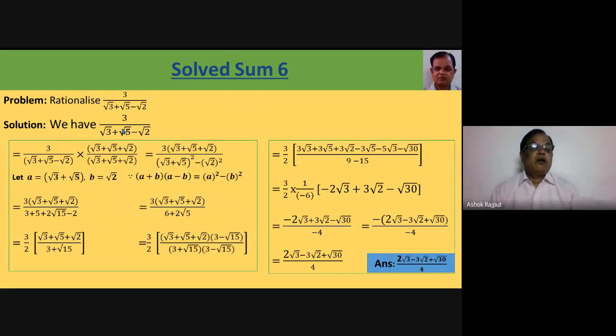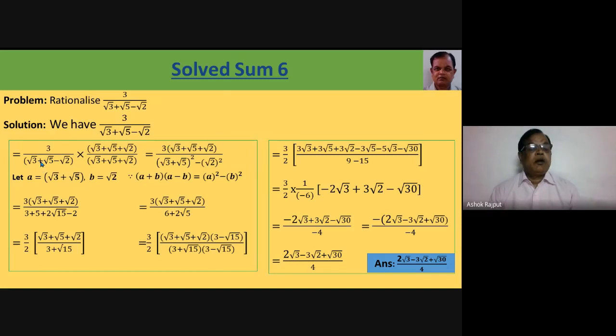First we make the group of digits in the A and B form. Okay, we have here 3 by root 3 plus root 5 minus root 2. So first group is we have made here A equal to root 3 plus root 5 and b equal to root 2. Then it is a plus b, a minus b form we have written here.